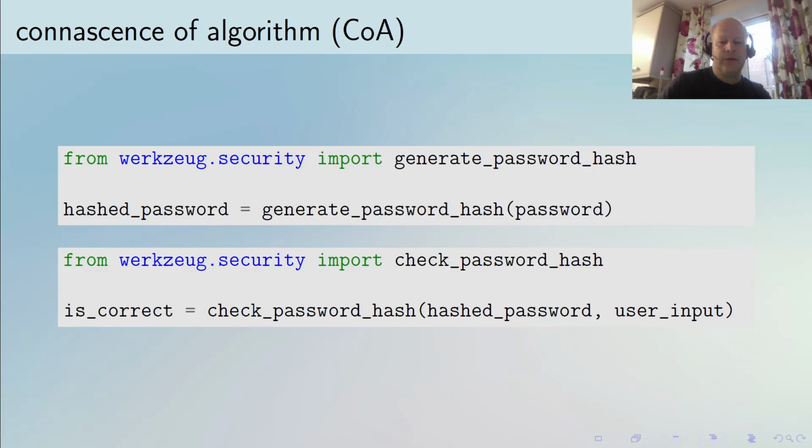Obviously, these two pieces of code are connected by the algorithm used for hashing. If you change the password generating method, you would also have to make a corresponding change to the password checking algorithm. So this is connascence of algorithm.